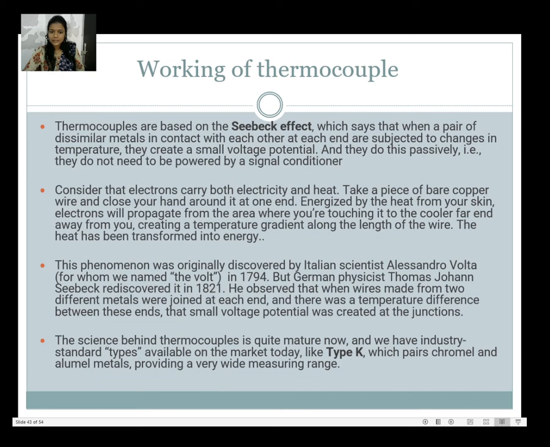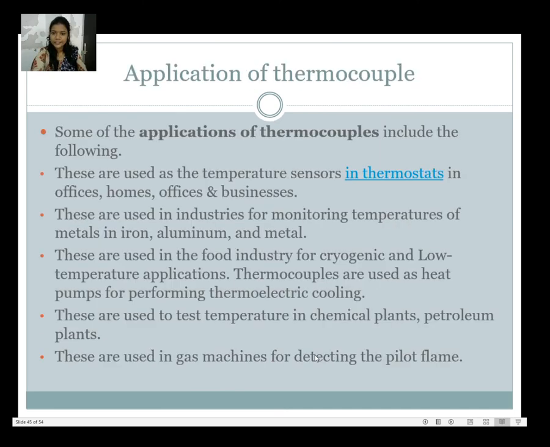He observed that when wires made from two different metals were joined at each end and there was a temperature difference between these ends, a small voltage potential was created at the junction. The science behind thermocouples is quite mature now, and we have industry standard types available in the market today, like type K. So this is the circuit diagram.